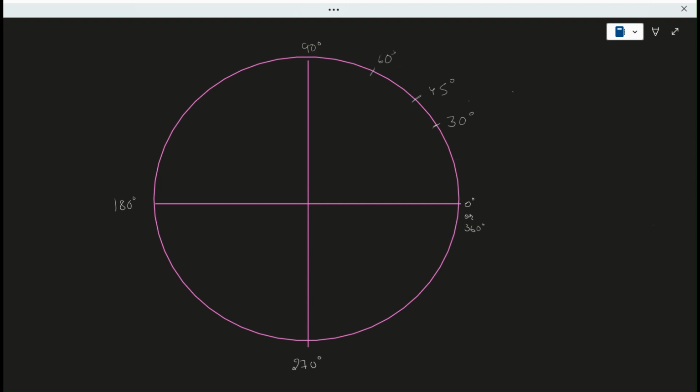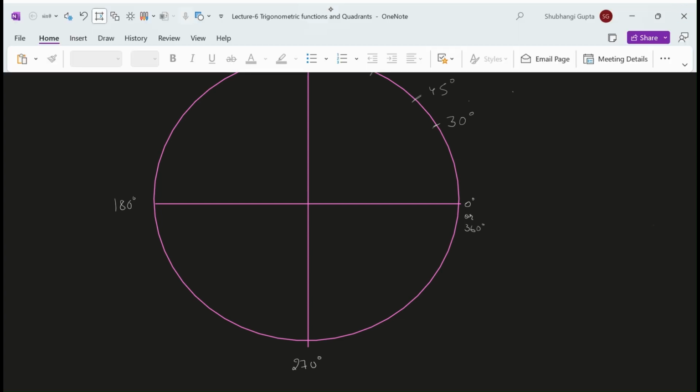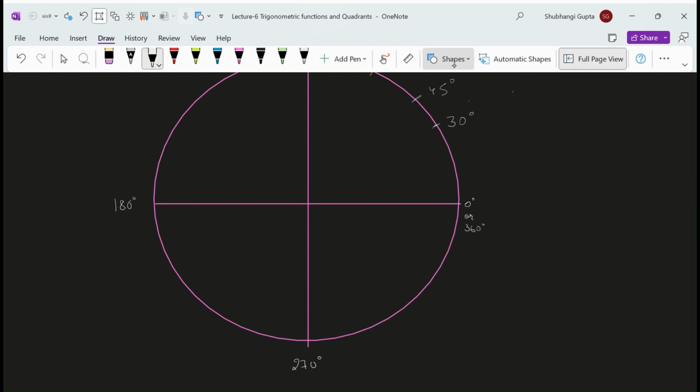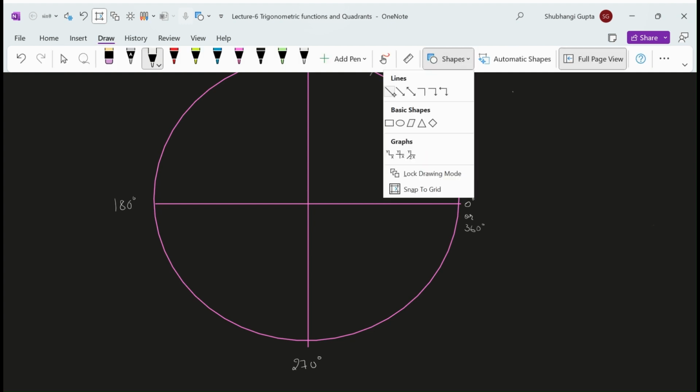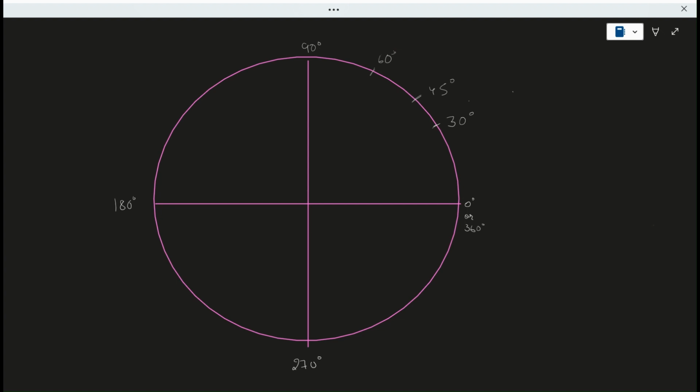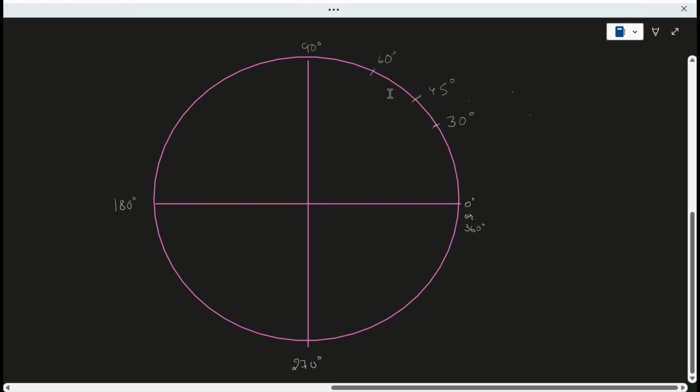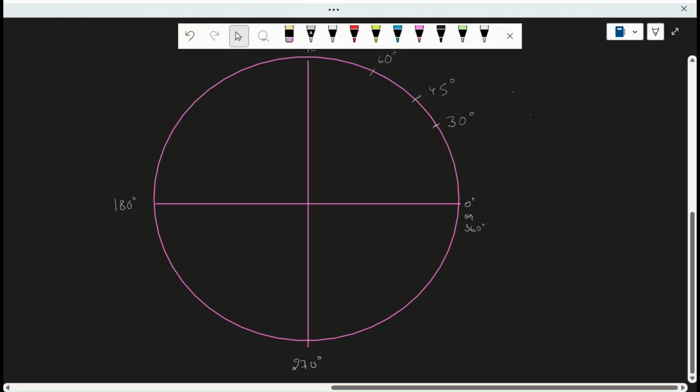If we divide the circle, let me just take a different color.